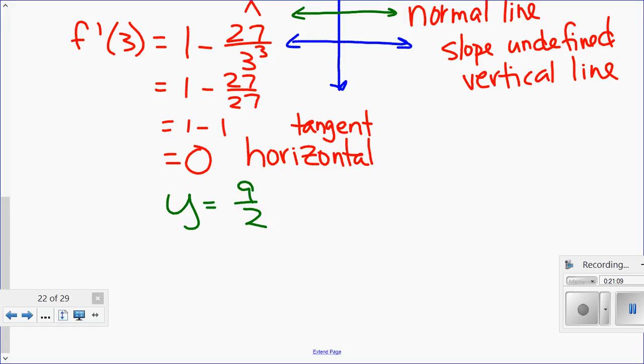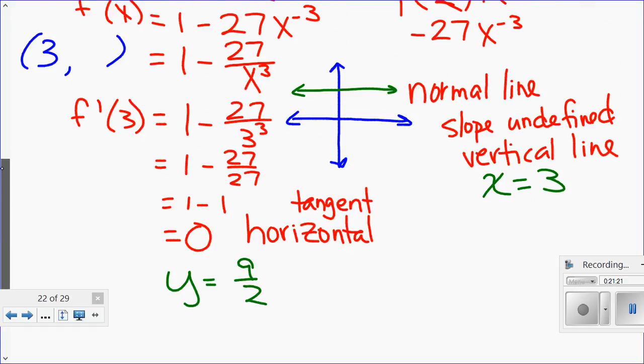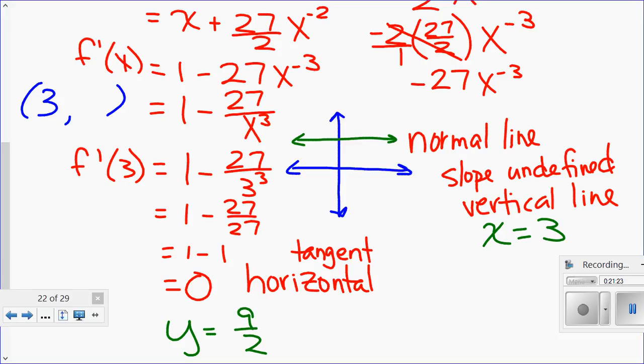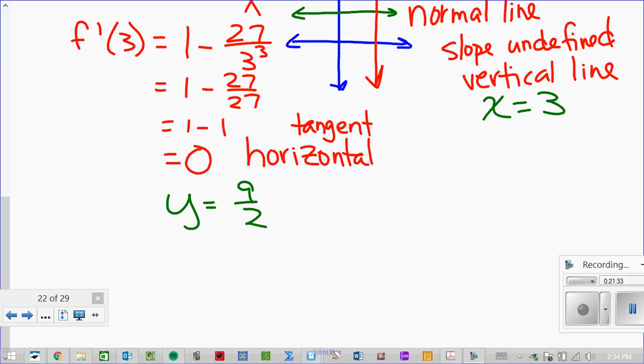So the normal line is going to be a vertical line, and it's going to be what? X. It's going to be an x value, girls, not a y value. Vertical lines go through the x-axis, not the y-axis, right? Horizontal lines go through the y-axis.